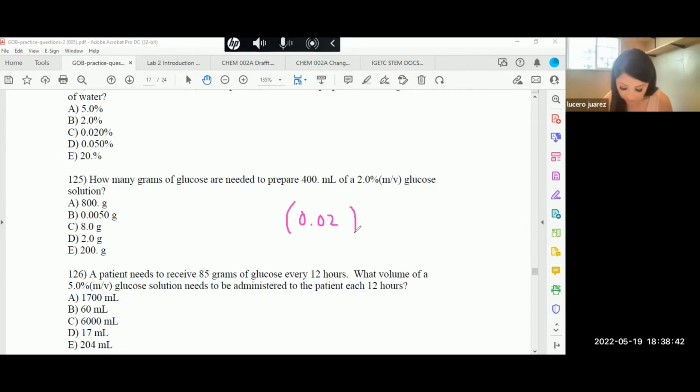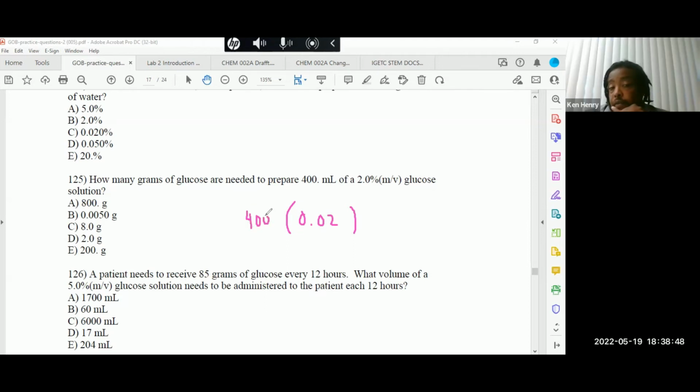Now we use that M over V. We multiply it by the volume. This is grams per milliliter, so milliliters cancel out, and we're left with just grams.